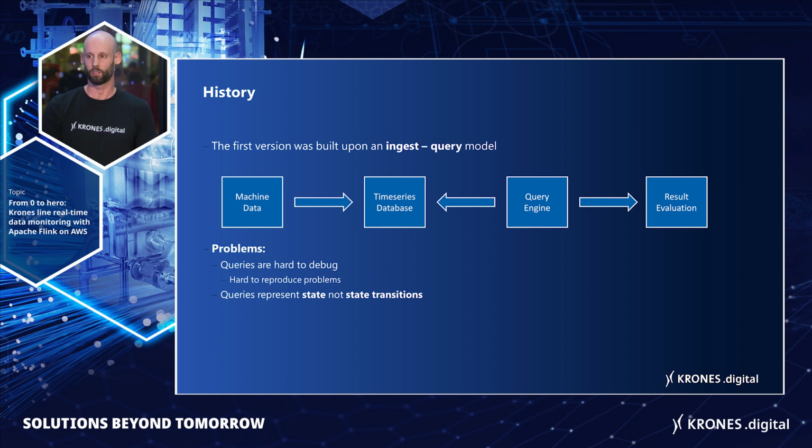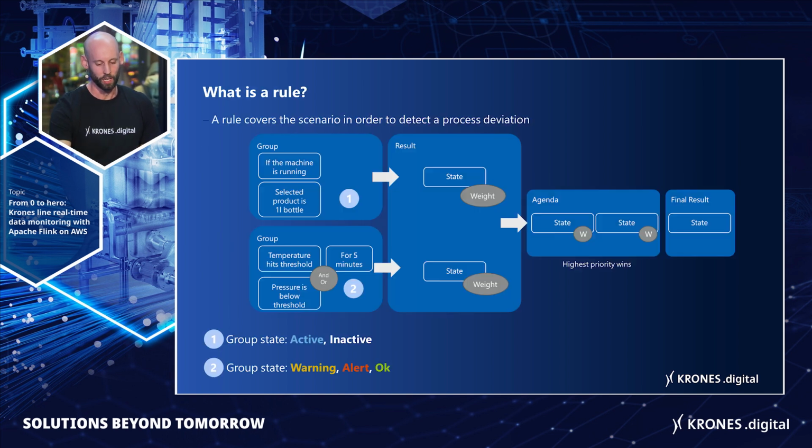We are interested in the state transition, and that nails the point directly. We want to get notified when something changes, and not query some state to detect that there was a change, but now it's gone. Since the data is hard to query, we came up with a slightly different idea.